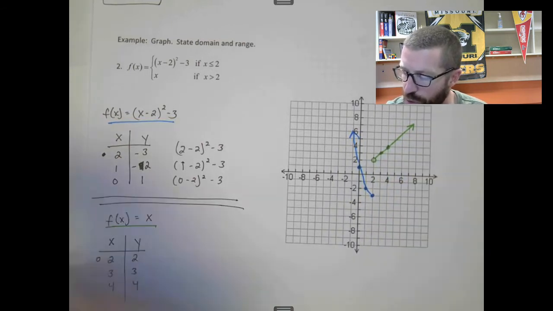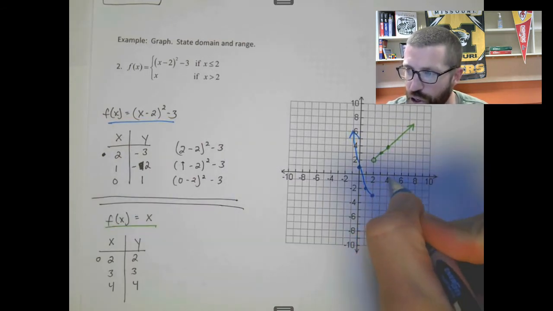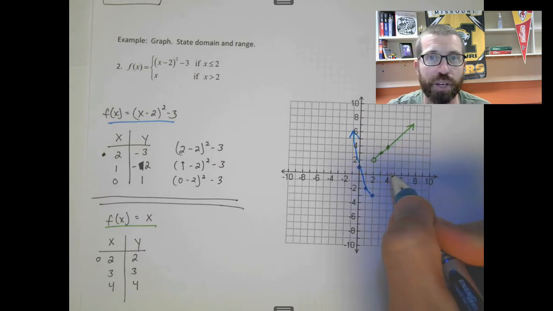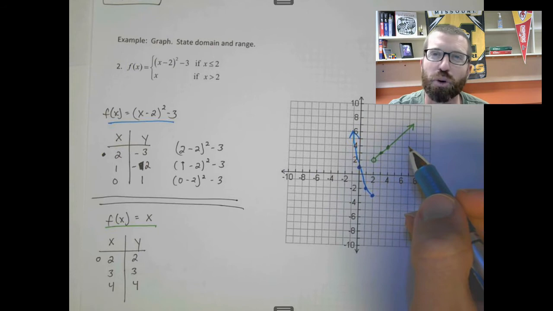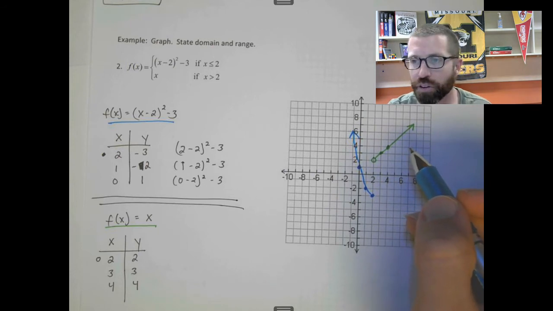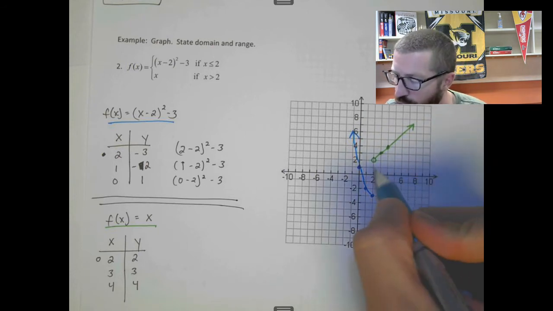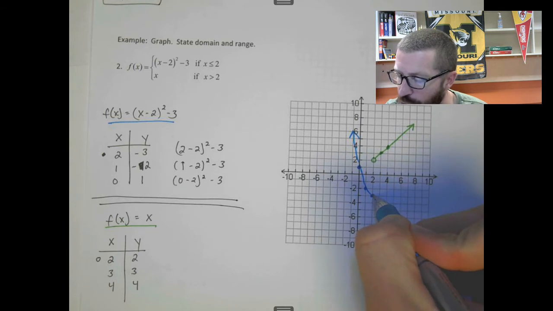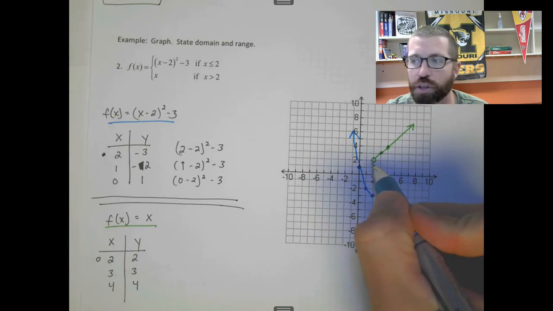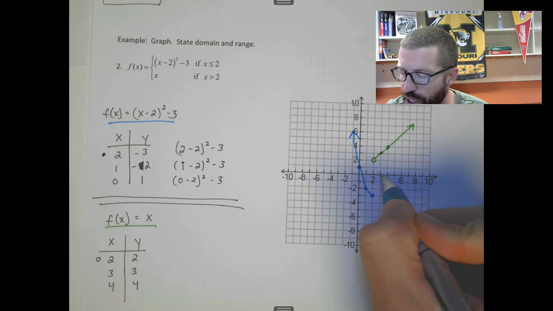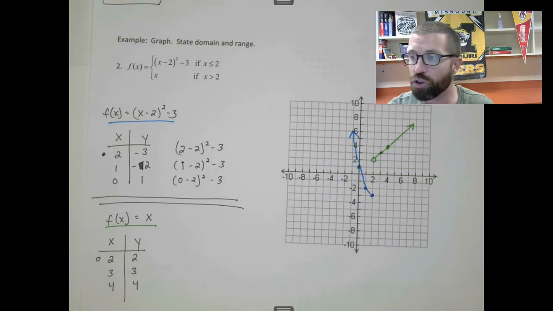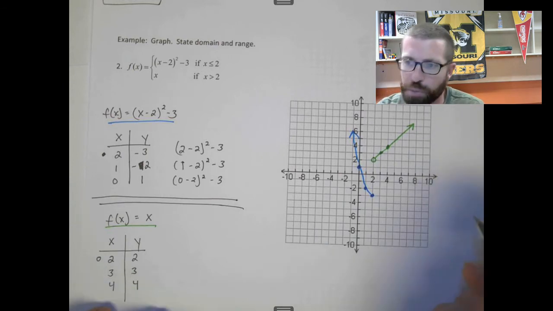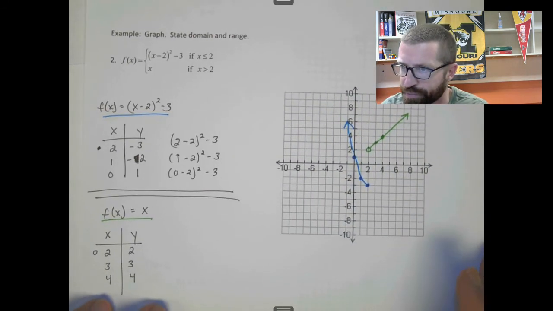If I continued on with my parabola and started going over here, then I would be overlapping and fail the vertical line test. There also shouldn't be a gap, or there probably won't be a gap anyway. There could be, but usually this one stops right where this one picks up. So if you skip 2, you'll have a gap in between, and that's not likely with the problems usually people see from a worksheet or a textbook or whatever.